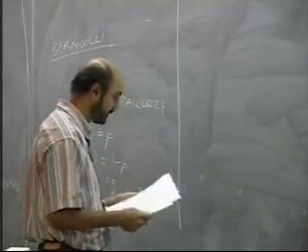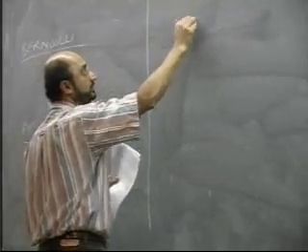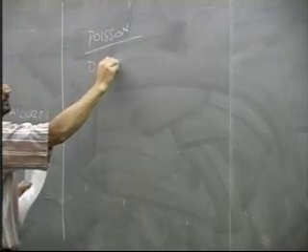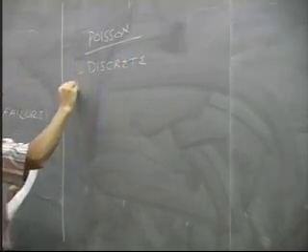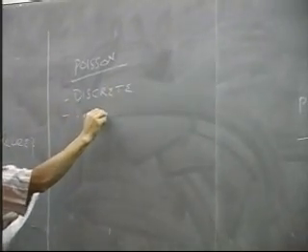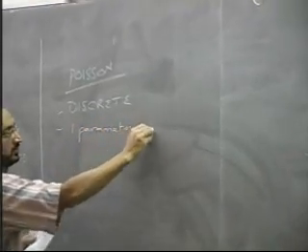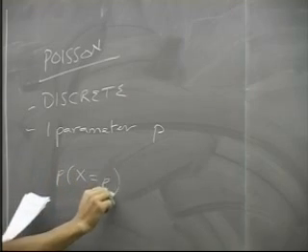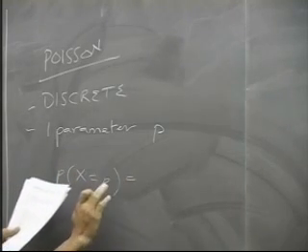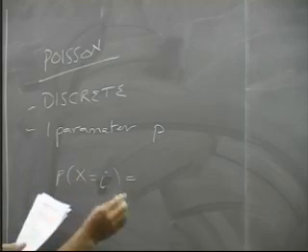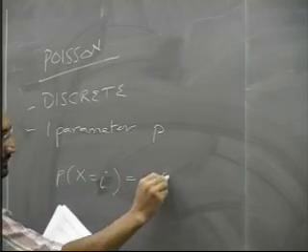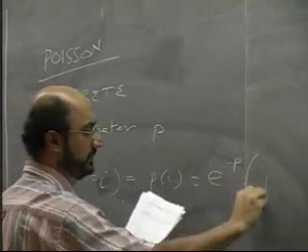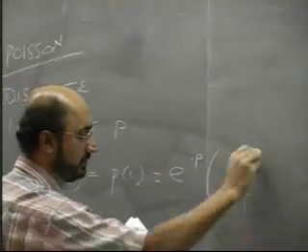So Poisson is a discrete distribution again, and it has one parameter only, that's P, and the probability that X equals I is P of I equals e to the minus P to the I by I factorial.